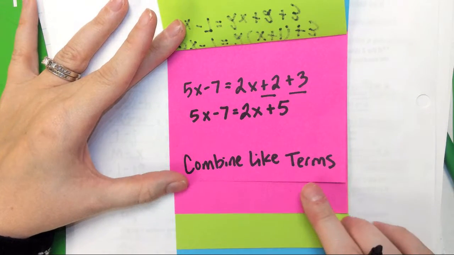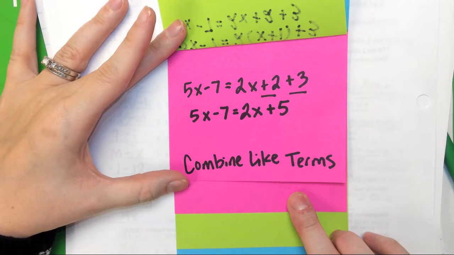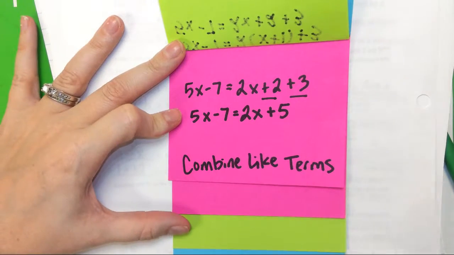The next step on your foldable after combine like terms is move variables to one side.